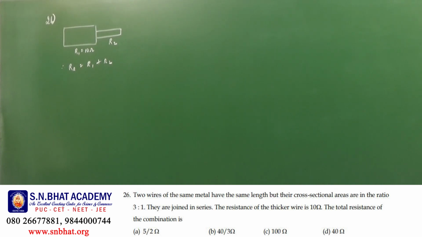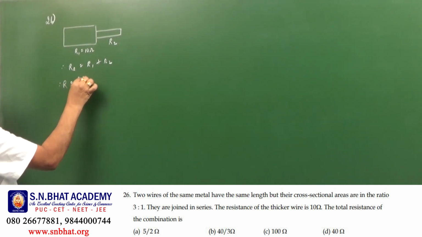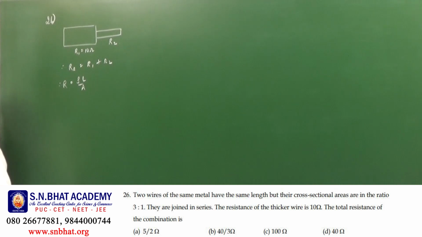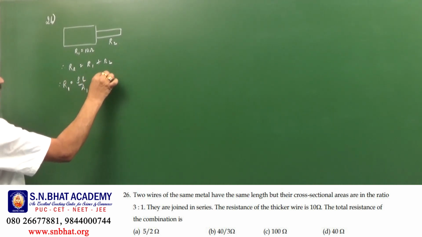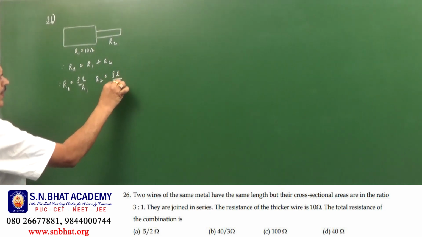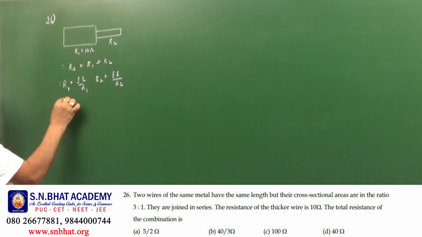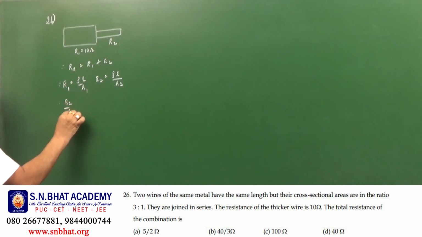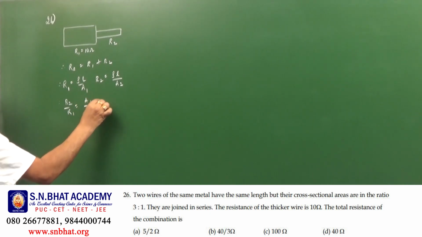Since the material is the same, the resistivity is also the same, and therefore from the formula R is equal to rho into L by A, you apply it two times. R1 is rho L by A1 and R2 is equal to rho L by A2. Now you divide one by the other, and R2 by R1 is equal to A1 by A2, since these two are constant.